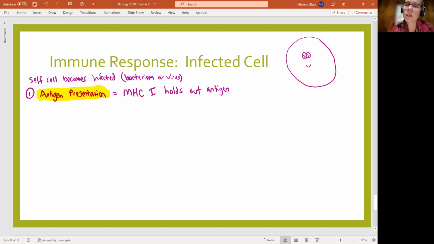So now I'm going to change my smiley face to a frowny face because my cell's infected. And I'm going to create a little flag and I'm going to make it sort of triangular so I have a shape. And we will indicate here that our triangular shape is our antigen.